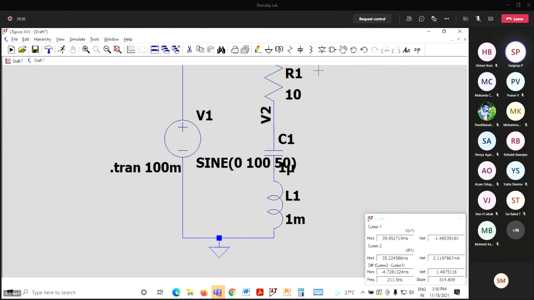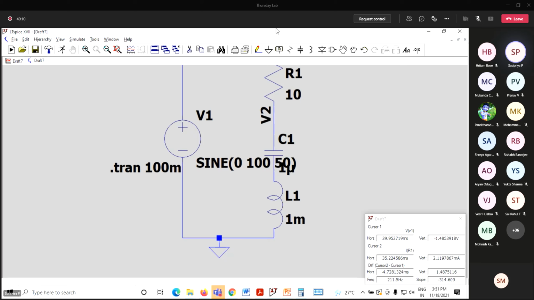The voltage across the resistor will be in phase with the current. But the voltage across the capacitor will be 90 degrees lagging, and the voltage across the inductor will be 90 degrees leading. The total voltage is found from the voltage difference between the current and voltage, and that value only we will get. Except for the voltage across the resistor, the remaining voltages will not be in phase with the current. They all will be out of phase with respect to the current, as per the theory also.